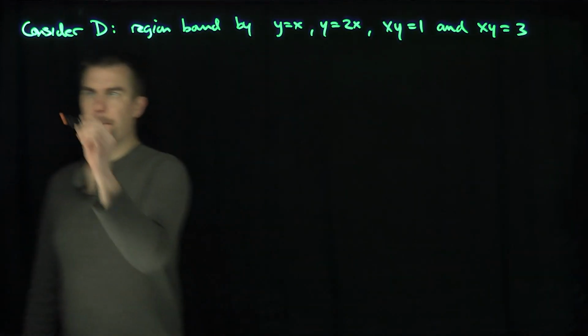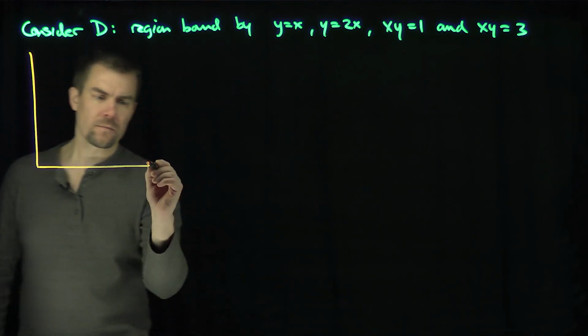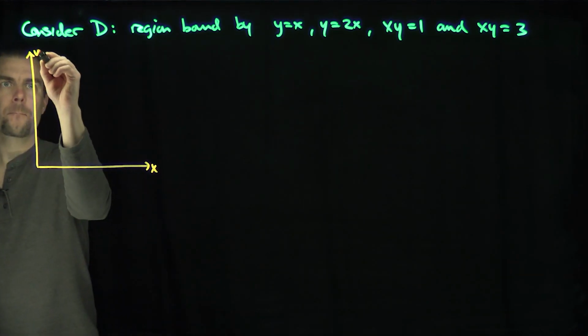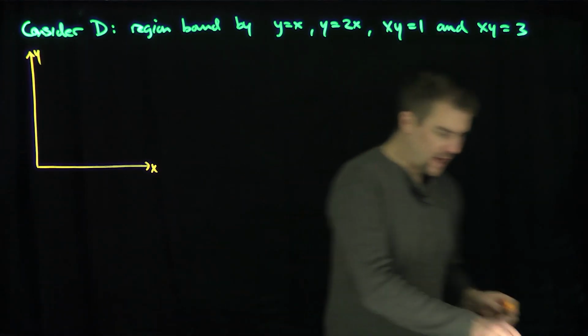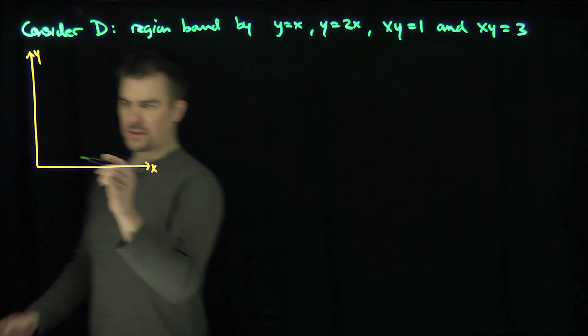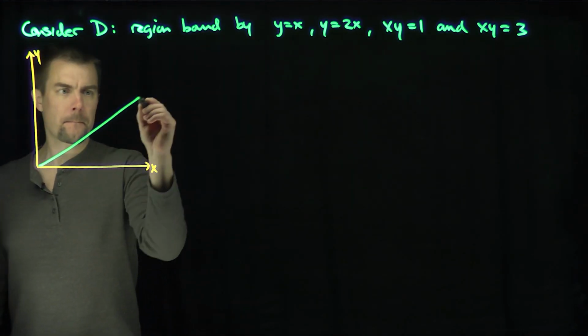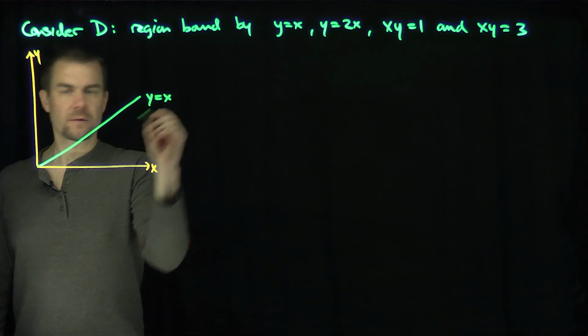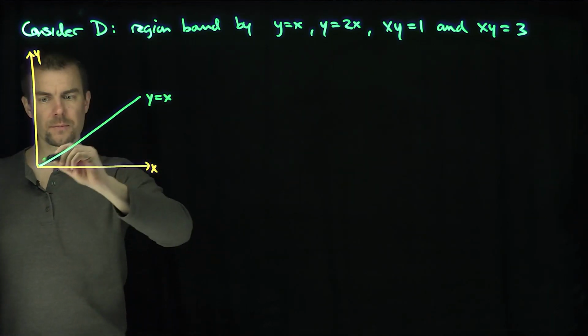So here's our region D. Here's x, here's y. And when we look at y equals x, it looks like this. That's y equals x. Here's y equals 2x.